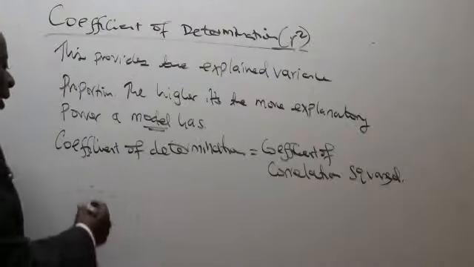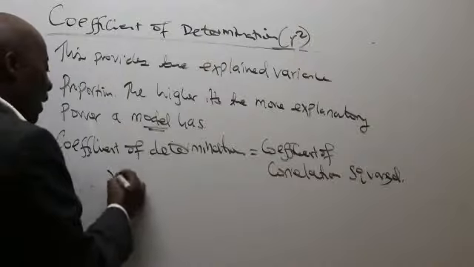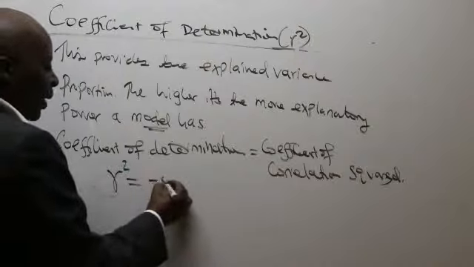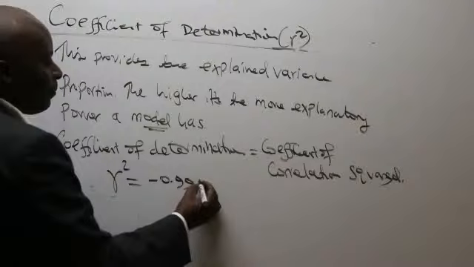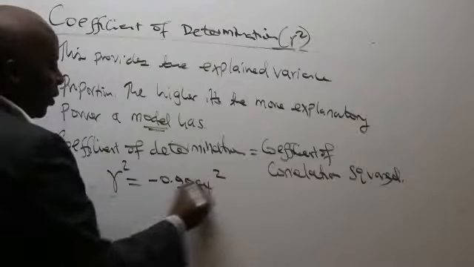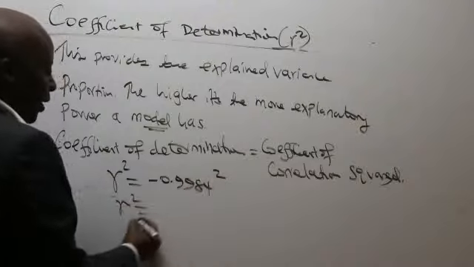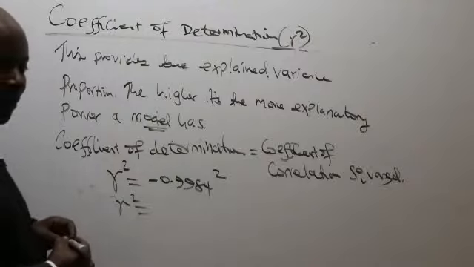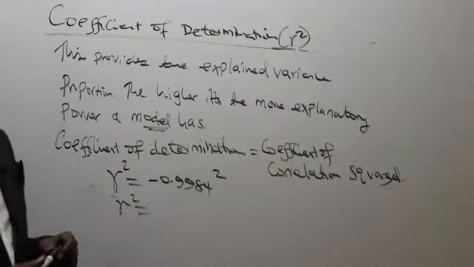So in our case here, our R squared will be equal to minus 0.9984 squared, which will end up giving us what figure?